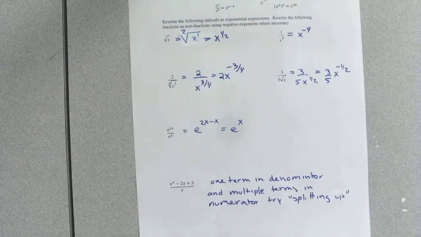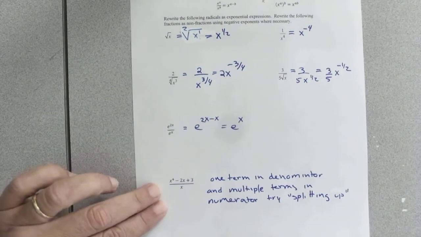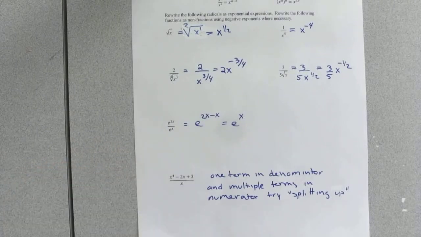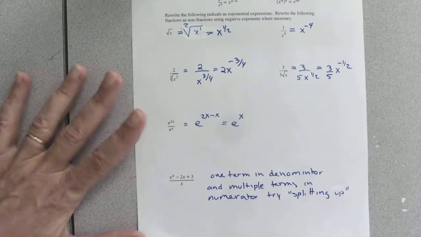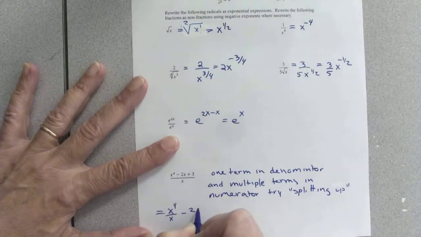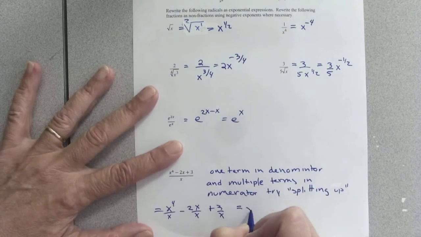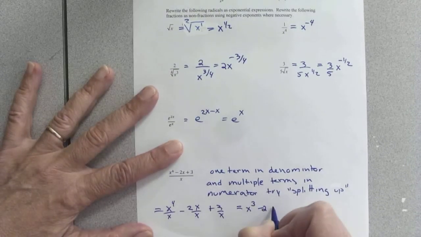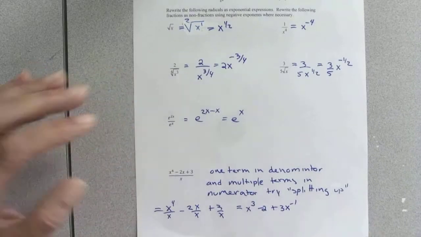And I think that's going to be the easiest way that we'll eventually, when we have to do calculus on this, the way we're going to simplify first is to try what I just suggested here. And so it's x to the 4th over x minus 2x over x plus 3 over x, which would be x cubed minus 2 plus 3x to the negative 1.